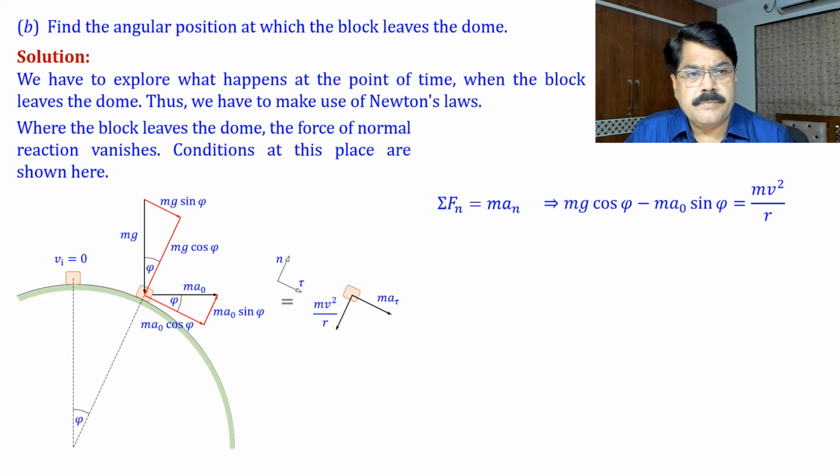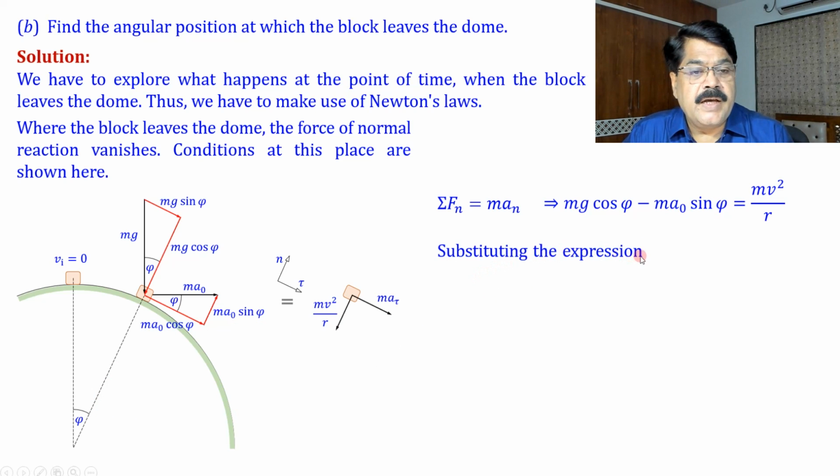Now what we do? In the previous part we have calculated the speed of the block at some angular position theta. Now taking help of that result, we express v in terms of angular position phi and substitute this value.